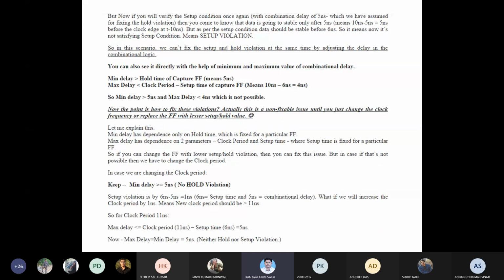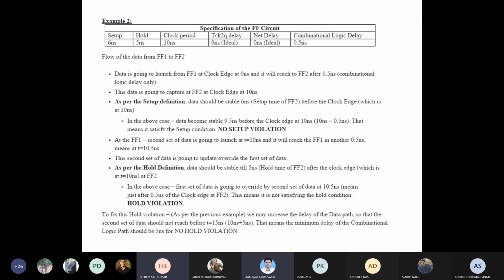But at the same time, you check whether there is any setup violation happening or not. Yes, sir. Why is it happening? Slack is -1, sir. Negative. Okay, because your 10 nanosecond is there.